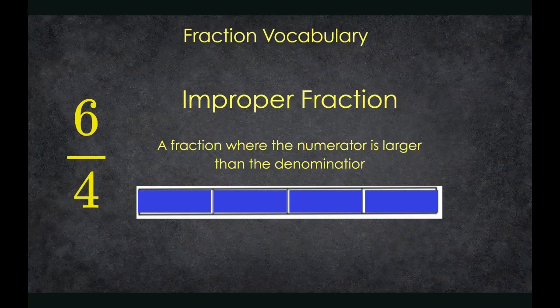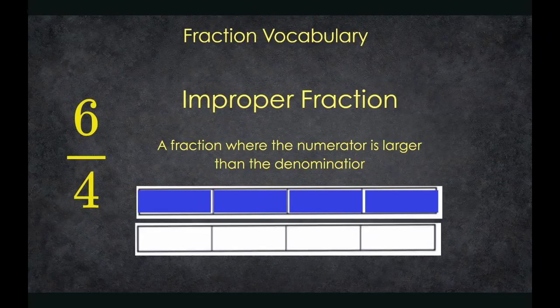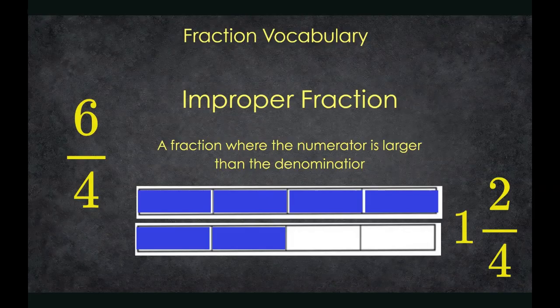So I have to draw another model, cut into 4 pieces, and then I'm going to get 2 more pieces for a total of 6. So 5, 6. We can take improper fractions and we can convert them or change them to mixed numbers. So the way I would change this is 1 whole and then 2/4 as a fraction. So that is called an improper fraction, and then we convert those into mixed numbers.